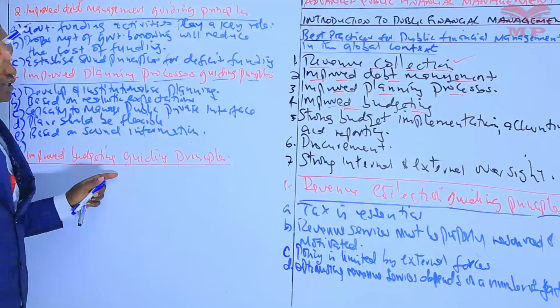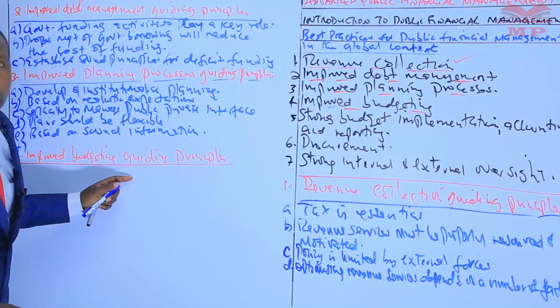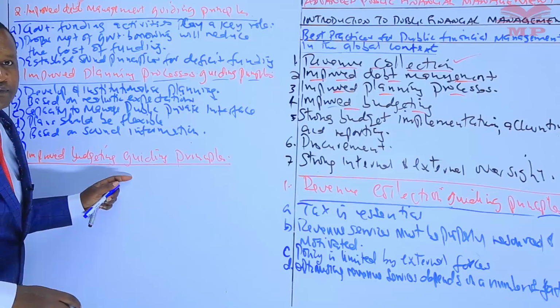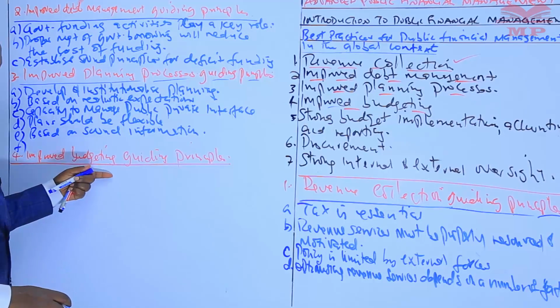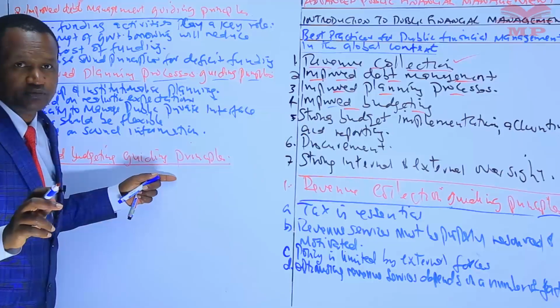Candidates, you are studying the best practices for public financial management in the global context. We are on point number 4, that is on improved budgeting guiding principles.